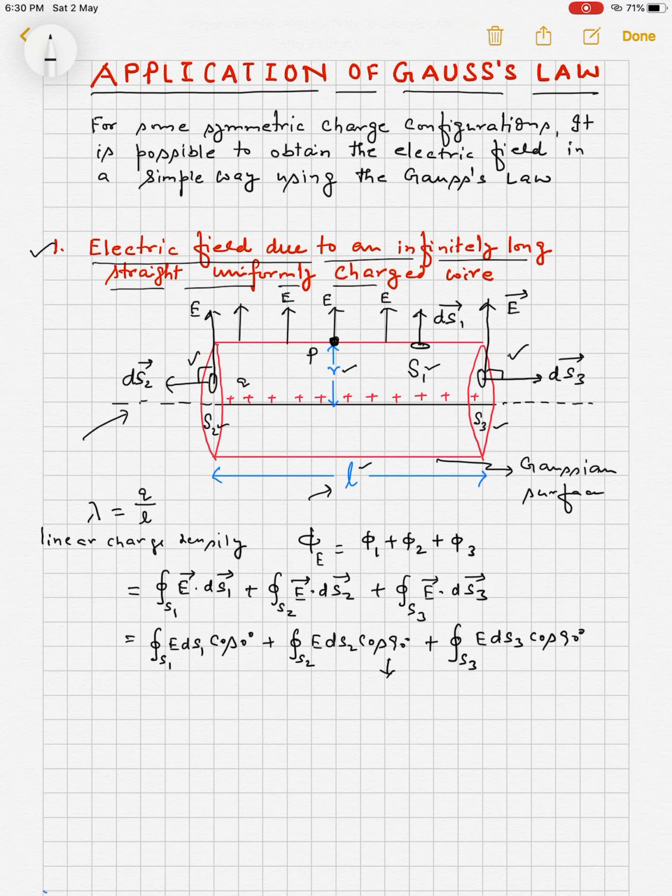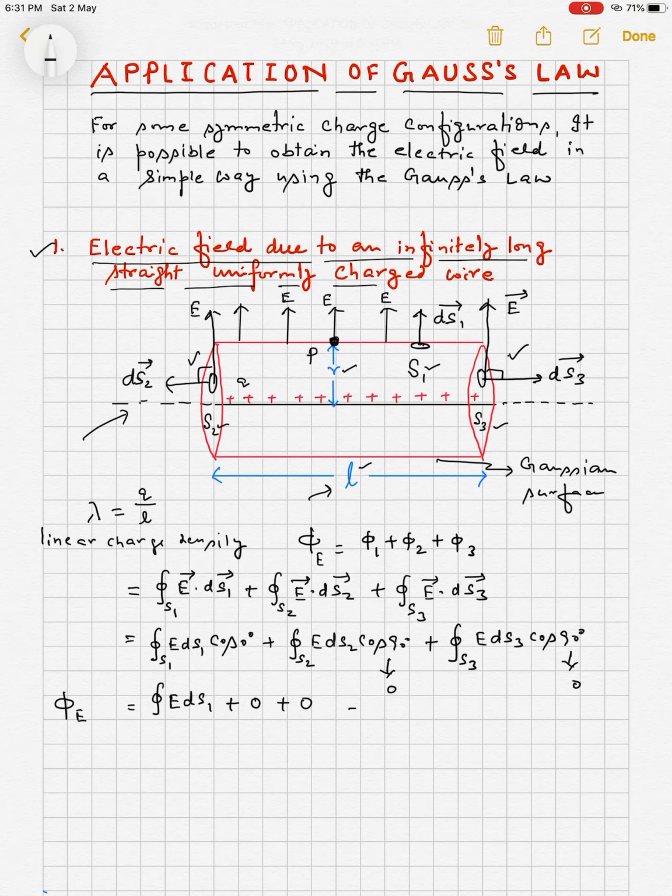So cos 90 is 0, so these two terms will be 0. We have only integration of E ds1, cos 0 is 1. So this is the total electric flux through the entire surface.